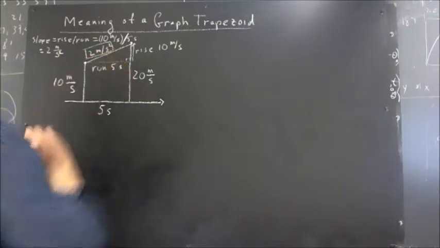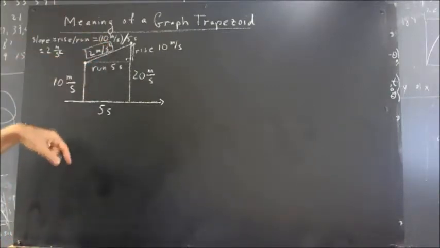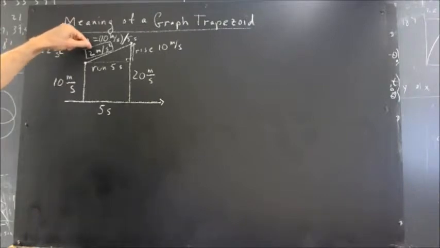Okay, in any case, if you don't understand why that's meters per second squared, I'll explain it in a minute, but I'll leave that to the end so you can ignore it if you understand where that came from.